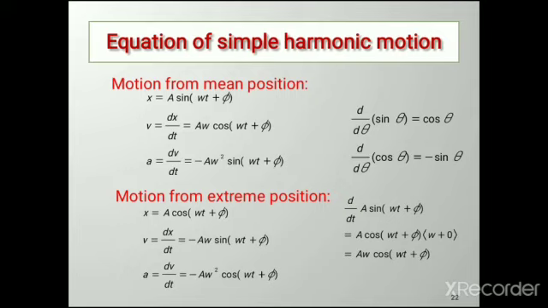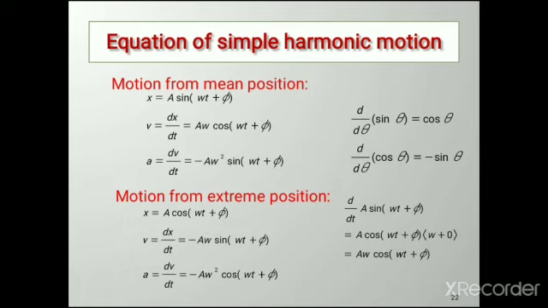The equation of simple harmonic motion. Motion from mean position, x is equal to a sine omega t plus phi. You can derive the equation for velocity. V is equal to dx by dt. After derivation, you will get a omega cos omega t plus phi.